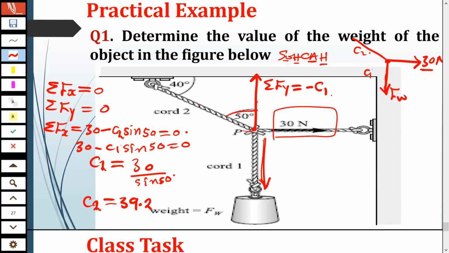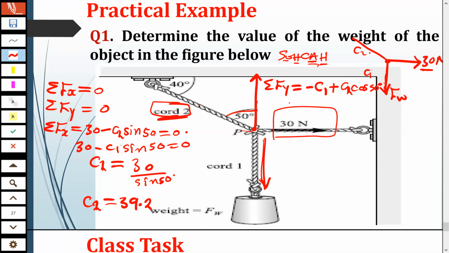So since it's adjacent, we use cos, because cos is the one that deals with the adjacent and the hypotenuse. So we say positive C2, oh sorry, this one is C2. So our hypotenuse is C2. So positive C2, and we're using cos 50 degrees.